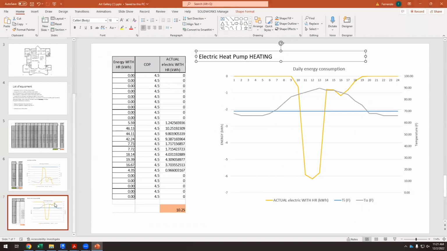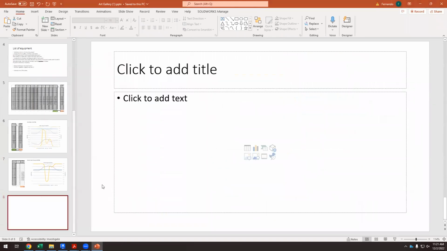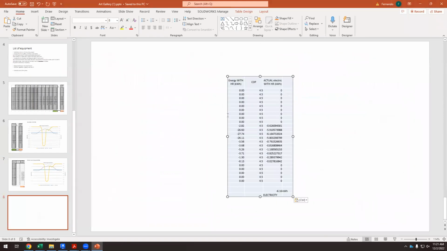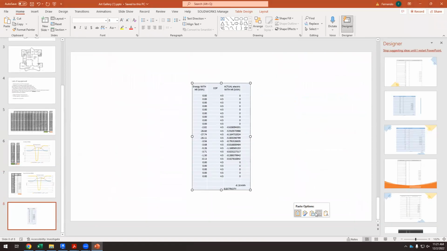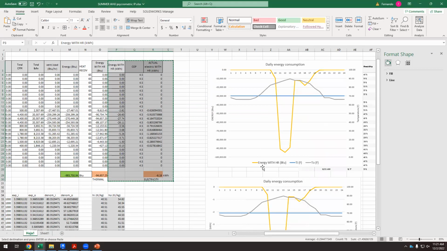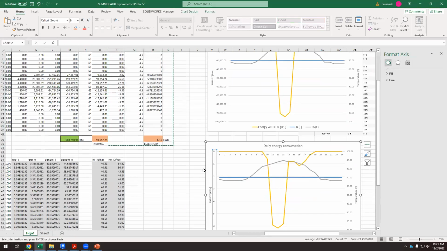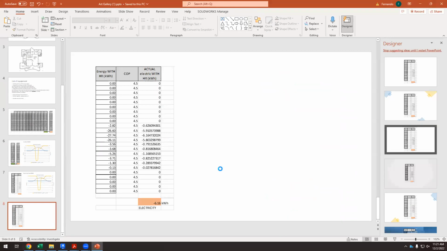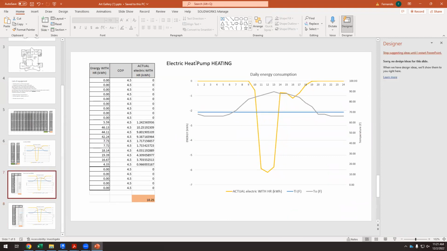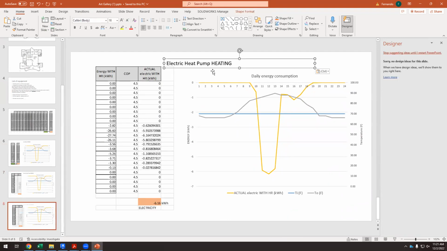So for the summer, I need this in kilowatt hours. And this is the electric heat pump for cooling.